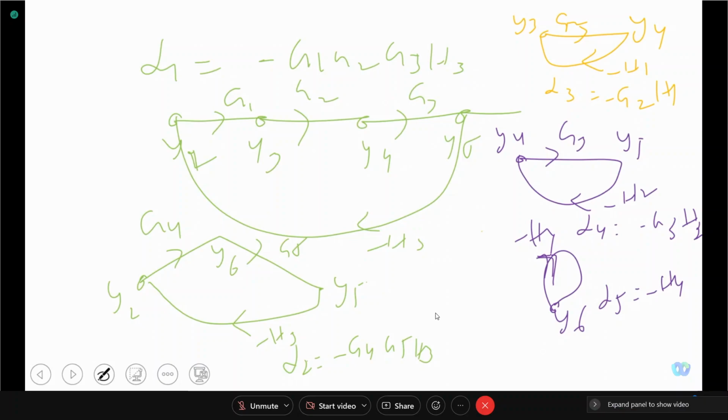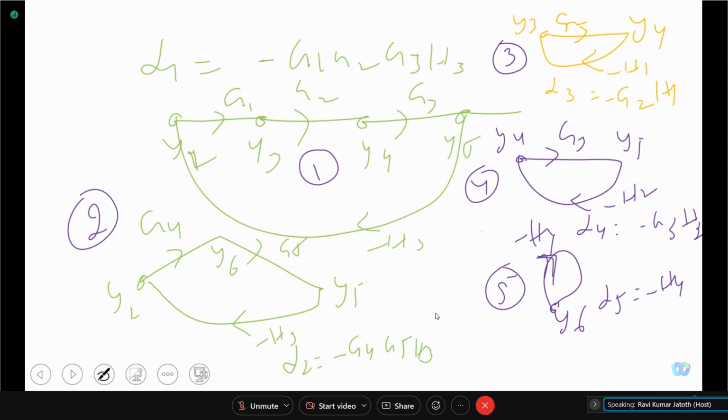Now, what is the next part? Non-touching loops. Yes, sir. So now let me consider this as 1, this as 2, this as 3, this as 4, and this as 5. 1 and 2, are they called non-touching loops? No, sir. Because they are sharing the same common node, right? 1 and 3?